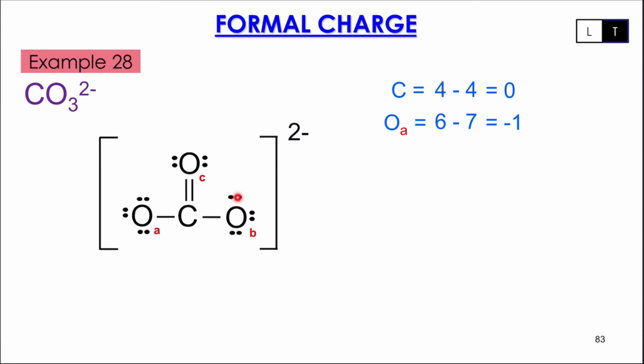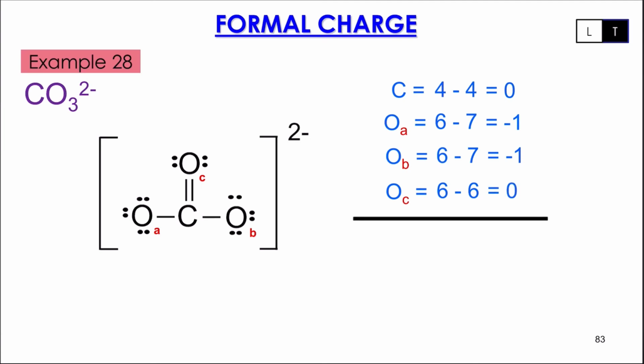So OB, kita ada 6 dots and 1 batang here. So I will get 6 minus 7 equals -1. And for OC, I have 4 dots plus 2 lines, 2 batang here. So I got 6 minus 6 equals 0.